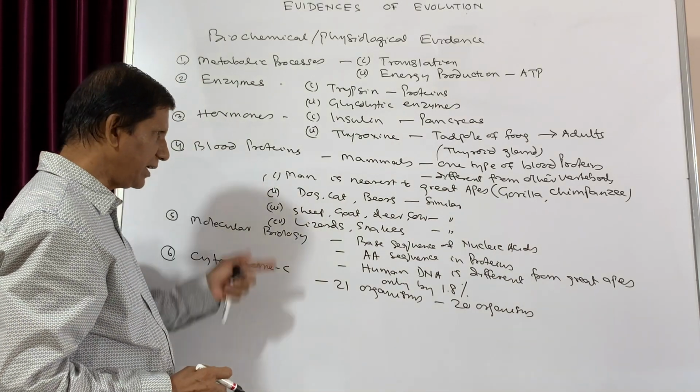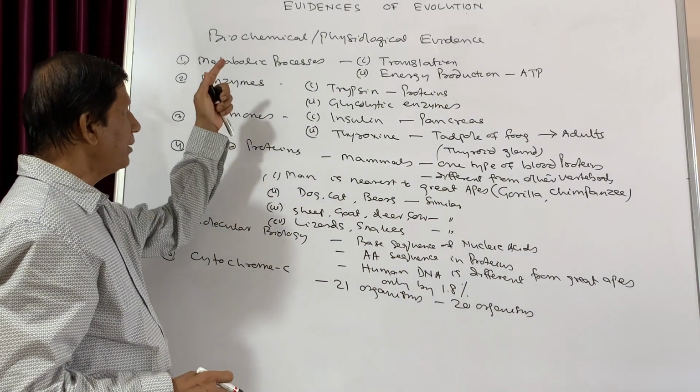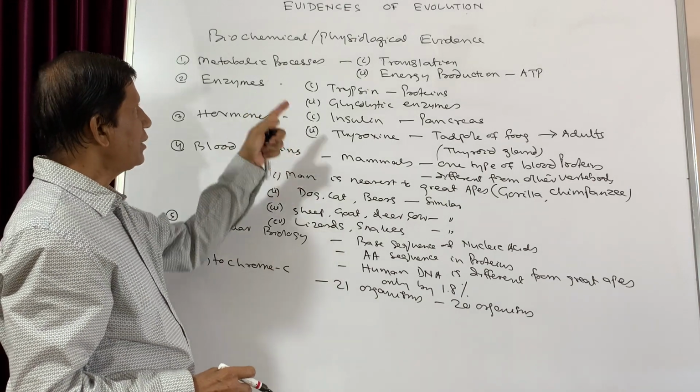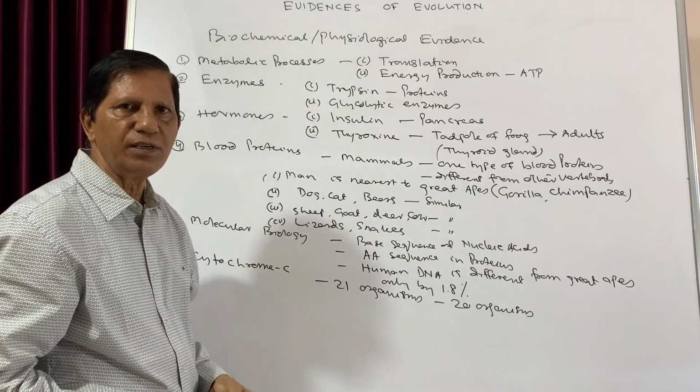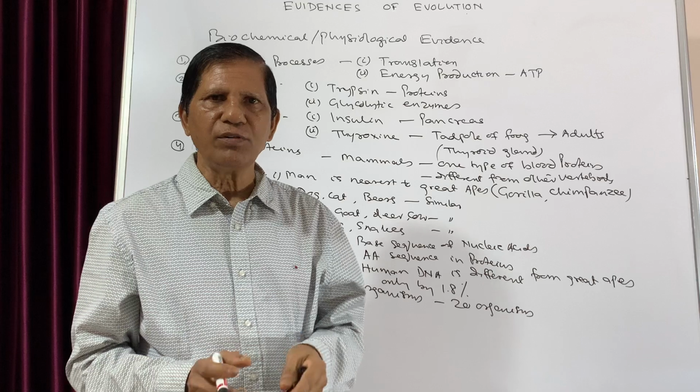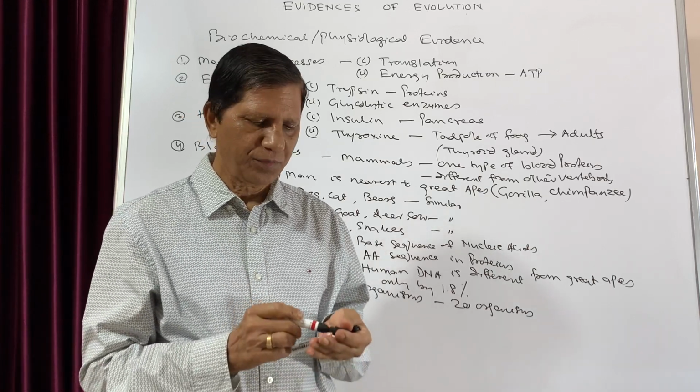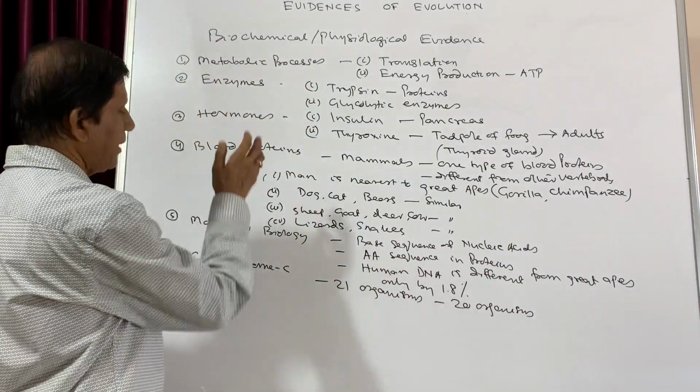So this indicates how the different evidences from biochemistry and physiology provide evidence of how evolution has taken place. So this is about the biochemical.